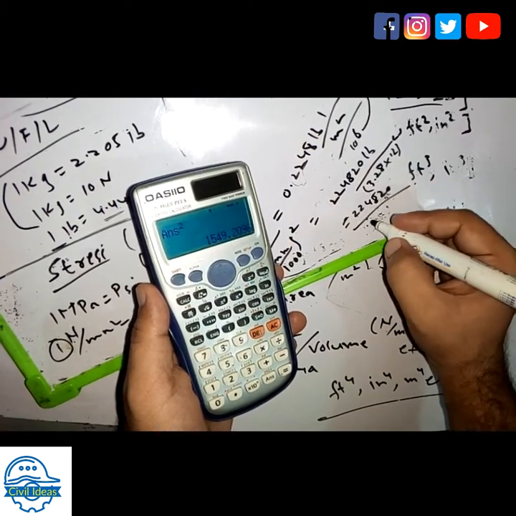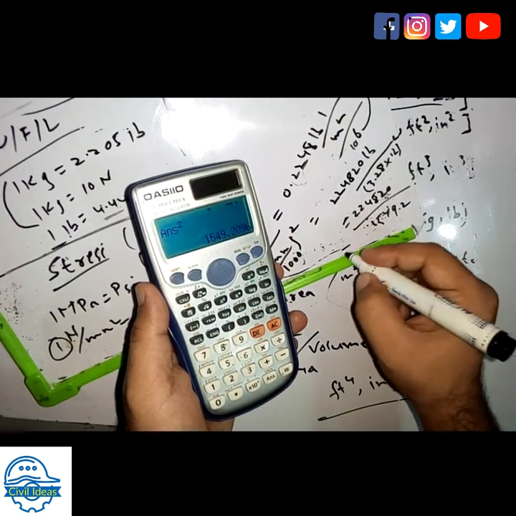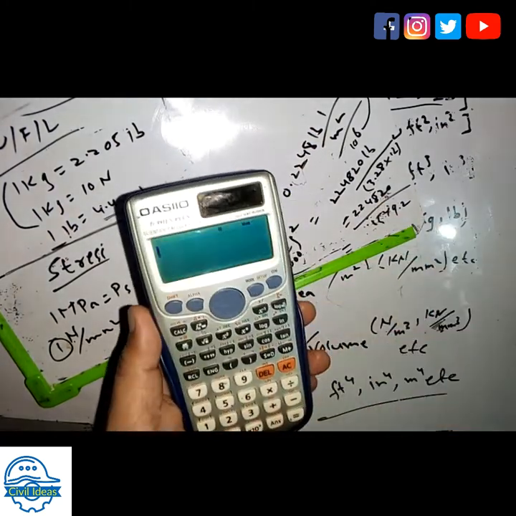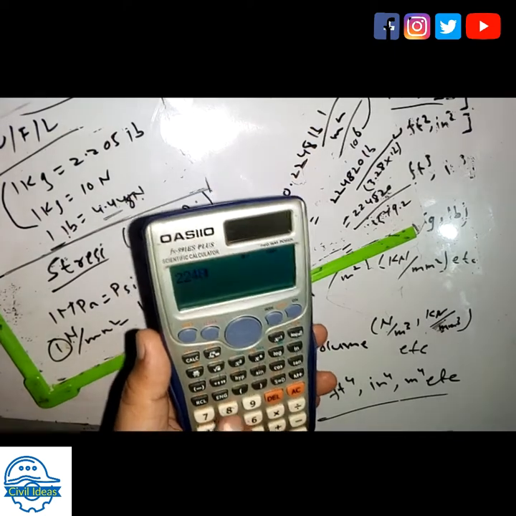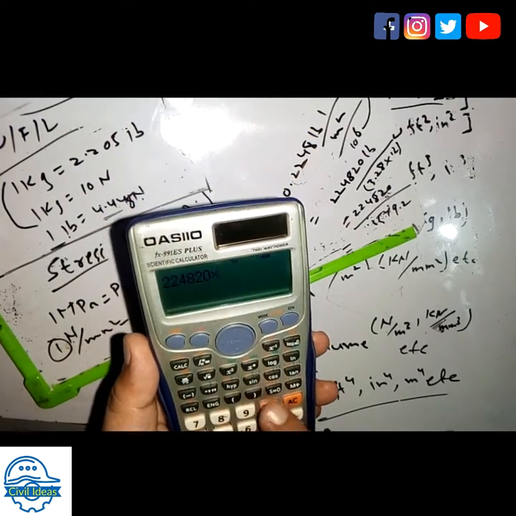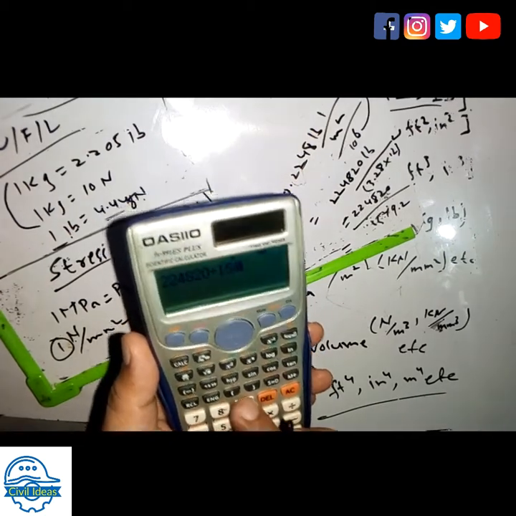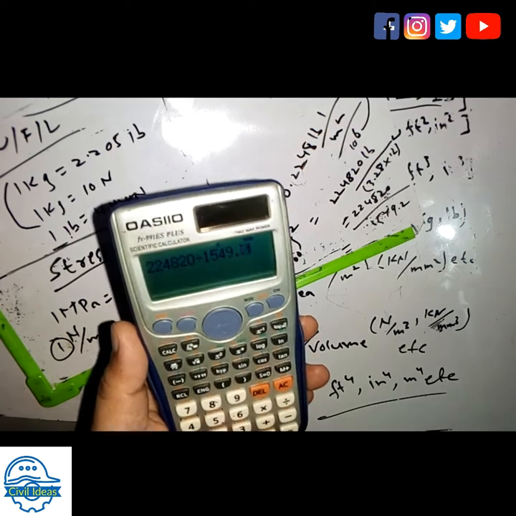So 2.24820 divided by 15.9 this. Now you have to divide this by this. 2.24820 divided by 15.92.